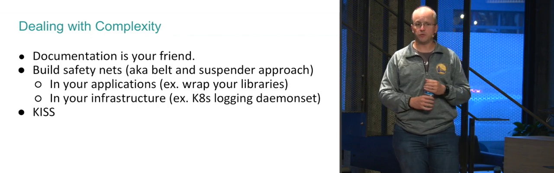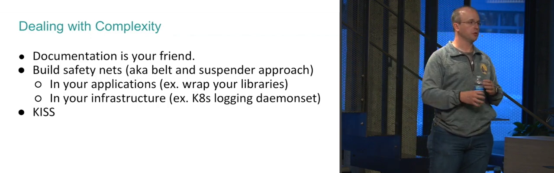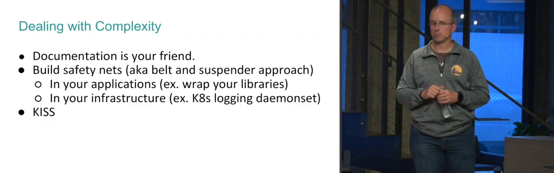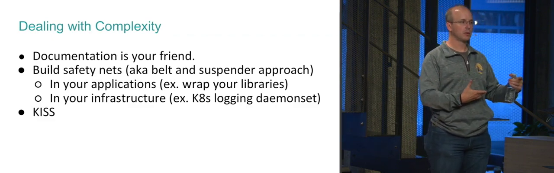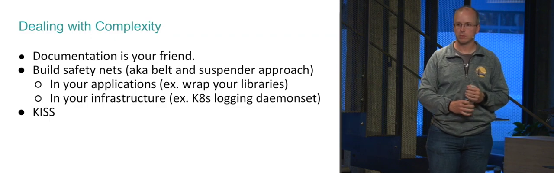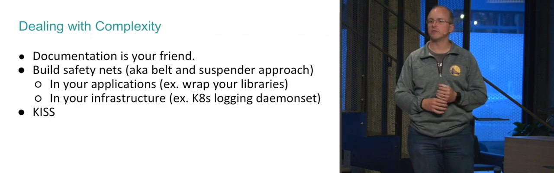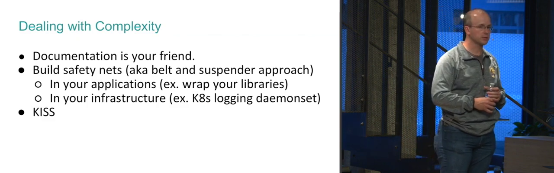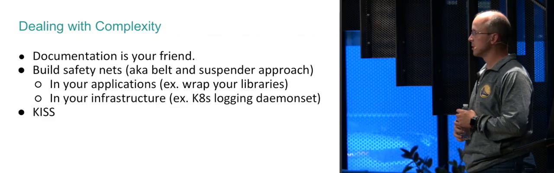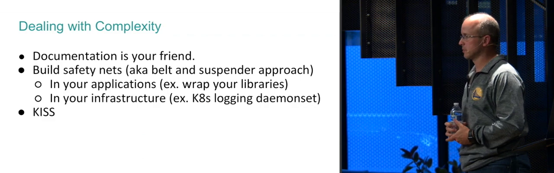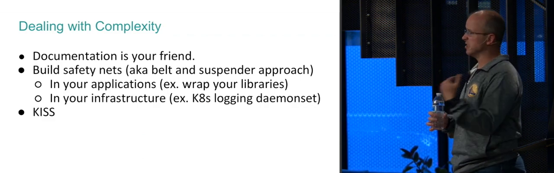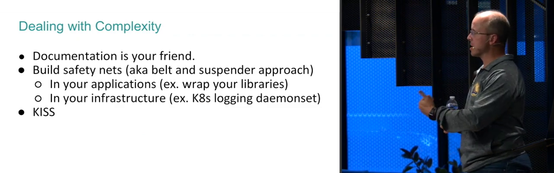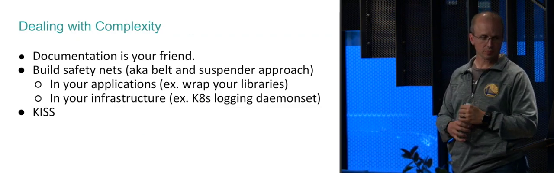Wrap your libraries. If you have said, which I think you should, every remote system call, we're going to log. Why should an engineer have to remember to write that in their code? Spin off a couple of engineers and wrap the database libraries that you're using to connect to whatever remote system and log it implicitly. Now, they can add additional logging upstream of that if they want, but they're going to get a bare minimum coming through.